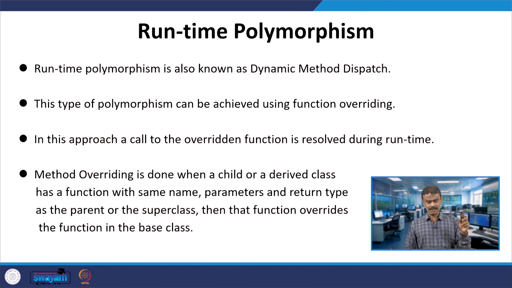Assume that, like the previous program, you have a member function or method in the base class as well as the derived class with the same name, for example add, or otherwise you assume you are using some factorial or NCR. Let us assume this function is available in both the base class and the derived class.